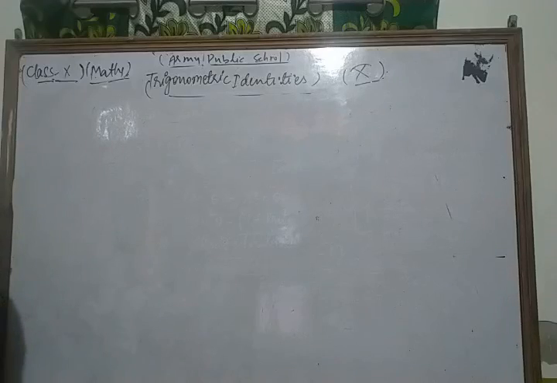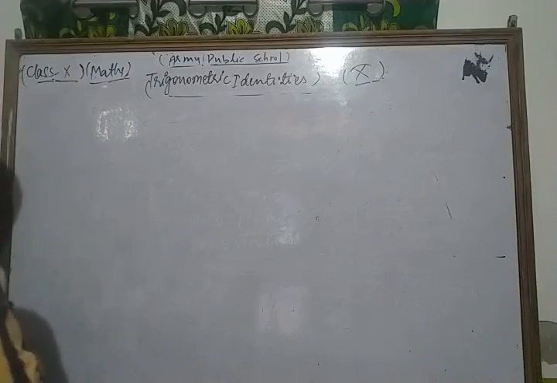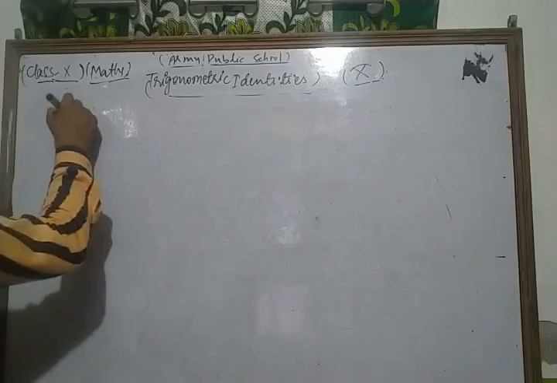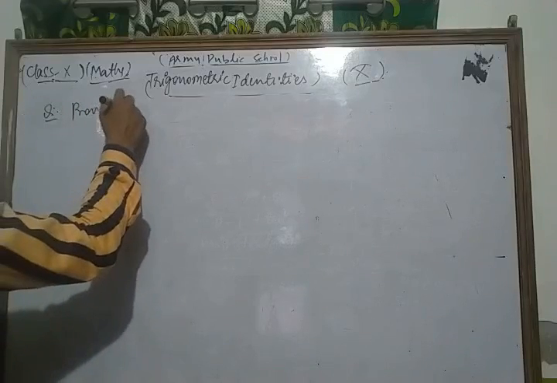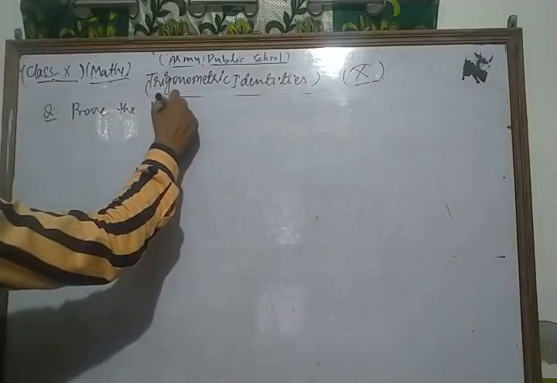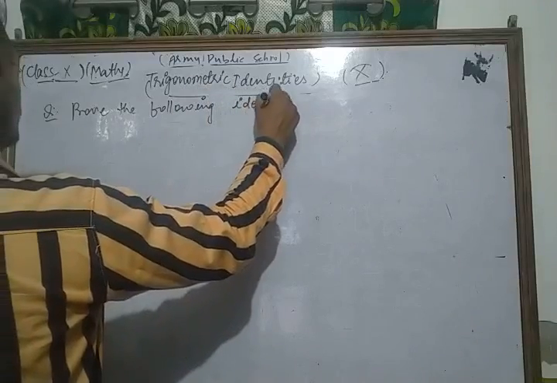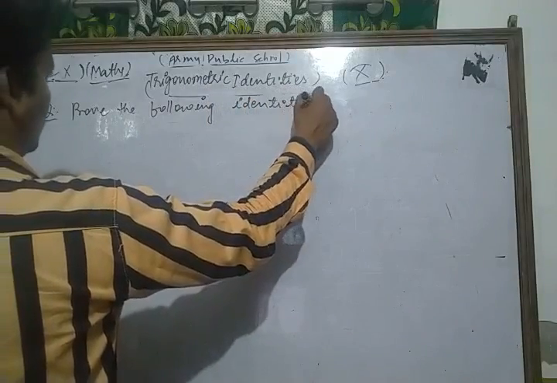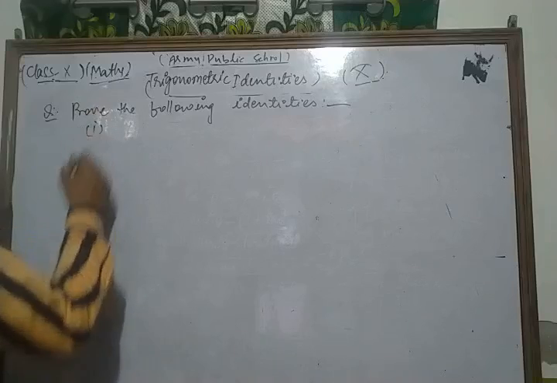And your question is, prove that the following identities. First is what?